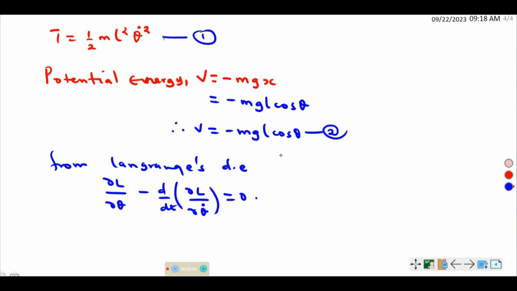But what is L? L is the same as T minus V. That is what we began with.